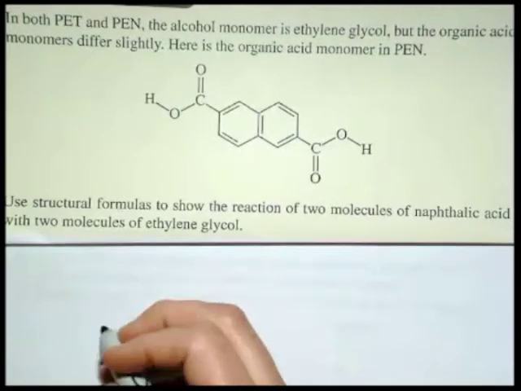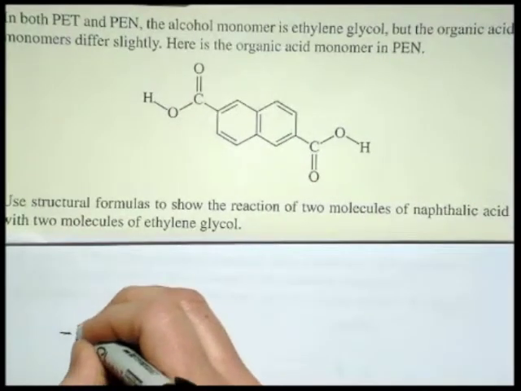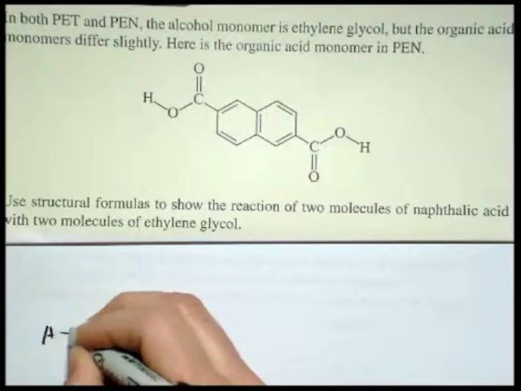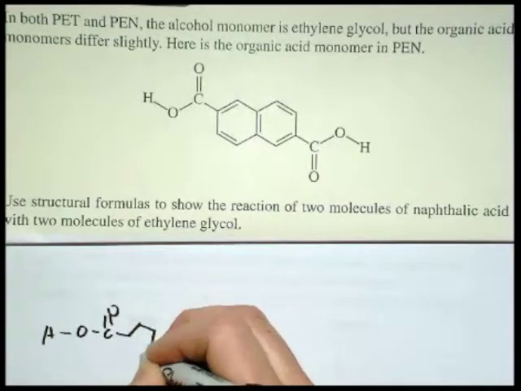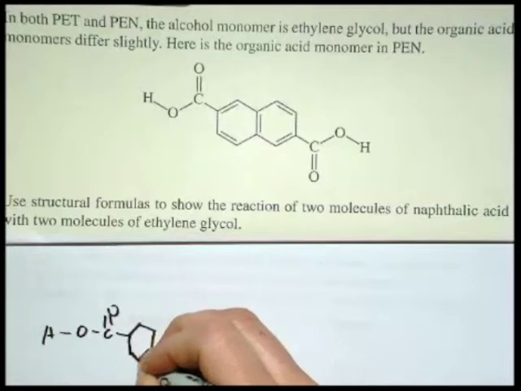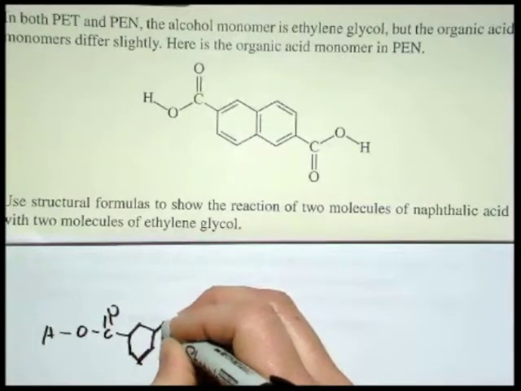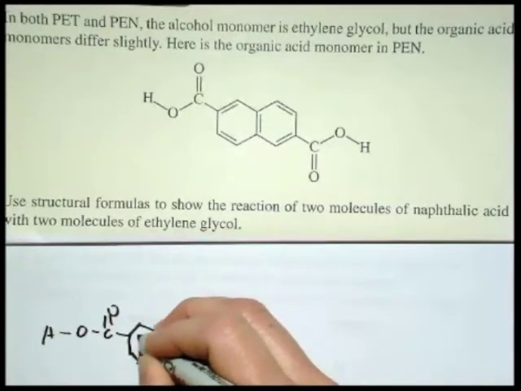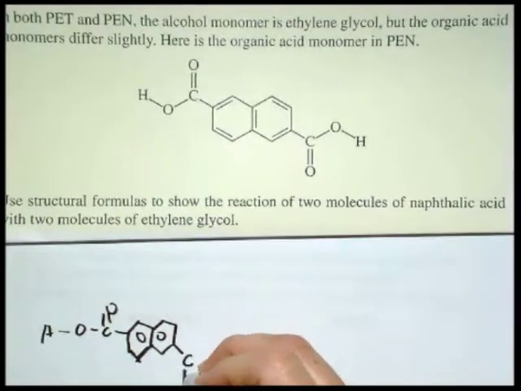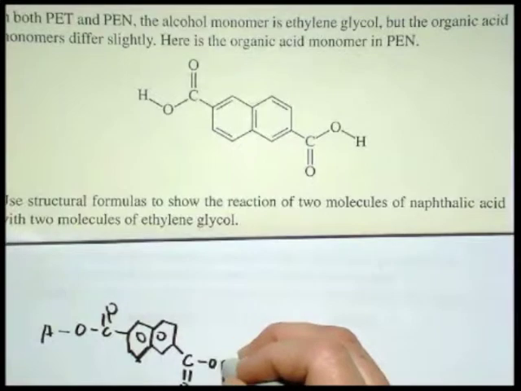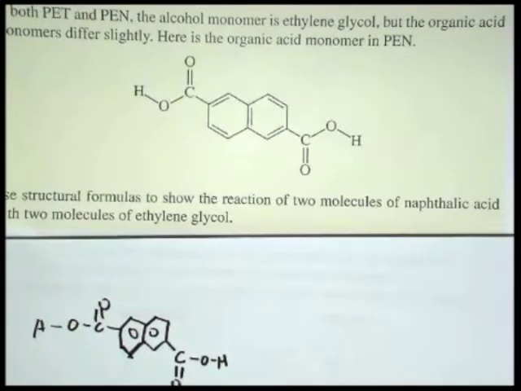So the first one, if we write down OHCO, this is naphthalic acid. Naphthalene is two benzene rings stuck together. That's what mothballs are, naphthalene. But if you add the functional groups, then it becomes an acid.